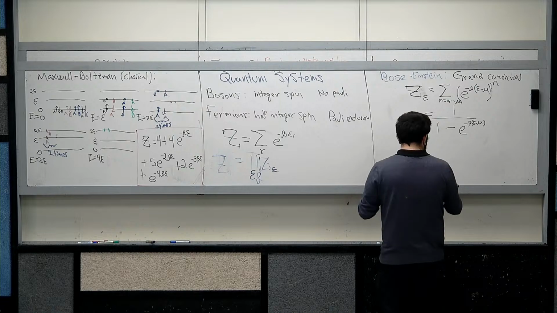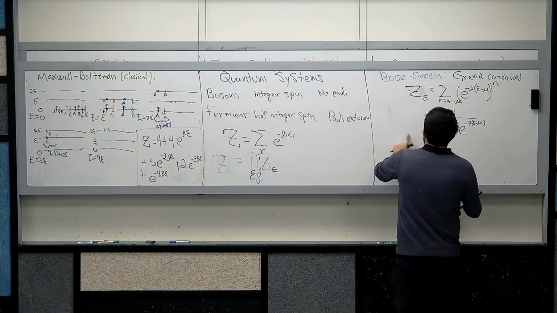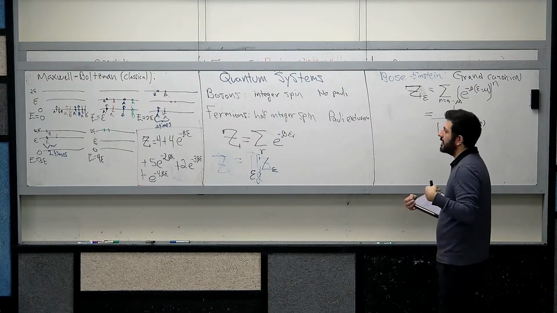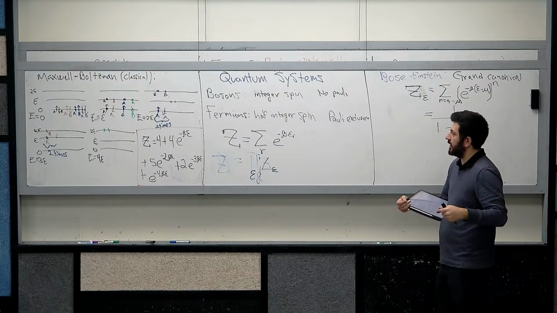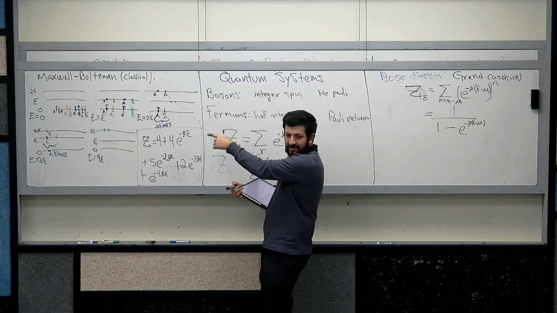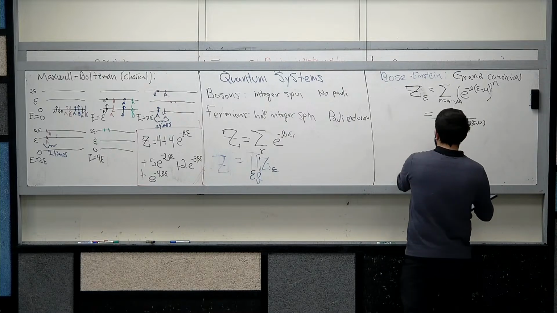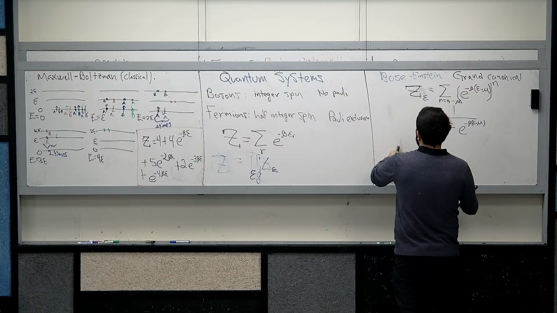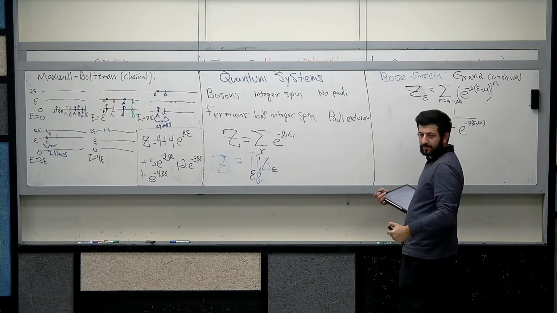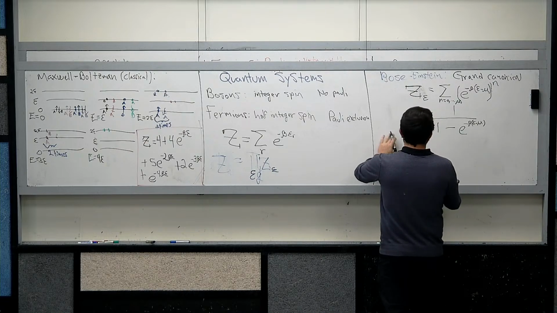Now, we're interested in asking ourselves how many particles are in each state, right? For a given energy. That's what we did here, actually, but we want to do it a little bit more generally. So how do we compute the number of particles? It's just the derivative with respect to the chemical potential, right?